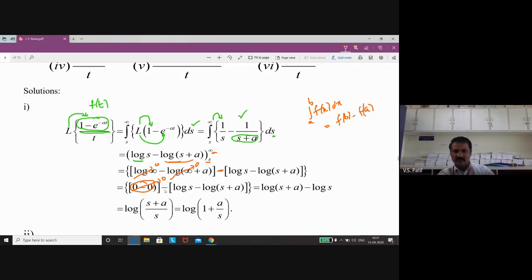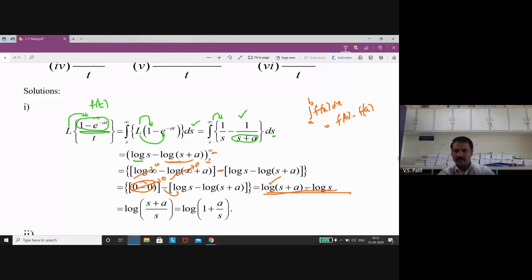Now taking this minus inside, so what you will get? Minus into minus it becomes plus. So I have written that first here. See, minus into minus plus log s plus a. Then this is plus into minus log s. Now by using the properties of logarithms, this is of the form, which form?